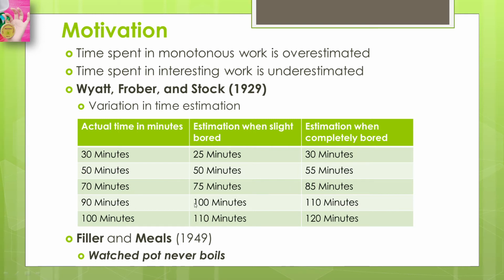Now, if you pay attention to the 90 minutes, maybe they were given a task for 90 minutes, but when they were slightly bored, they said that it's been 100 minutes.